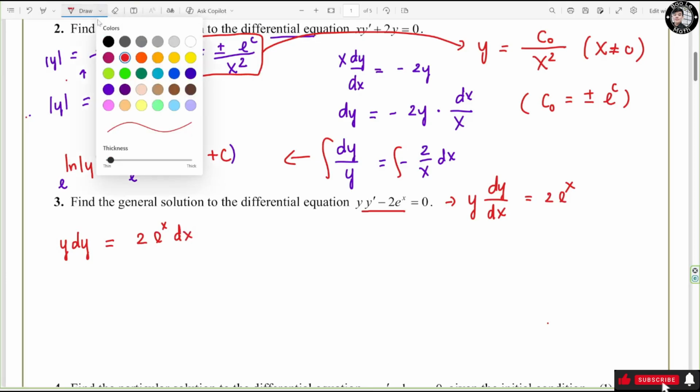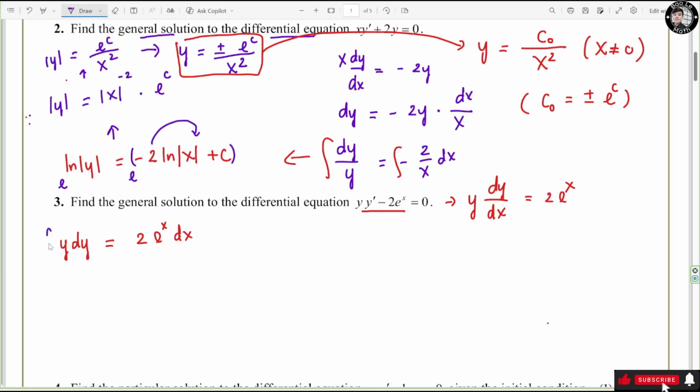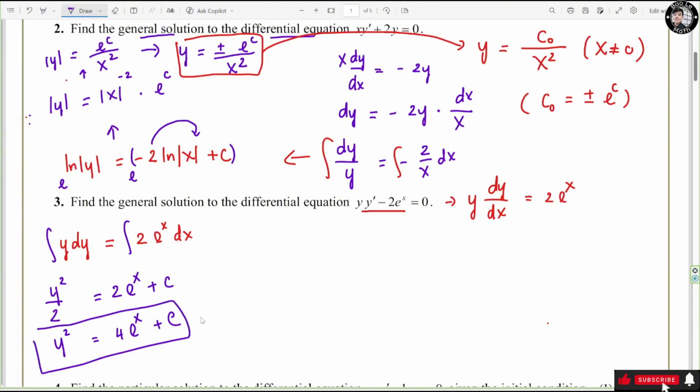Now you're going to integrate both sides. The left hand side equals y squared over 2, and the right hand side is 2e to the x plus c. So y squared equals 4e to the x plus c. You can leave your answer like this, or you can take the square root of both sides, so you have y equals plus or minus the square root of 4e to the x plus c.